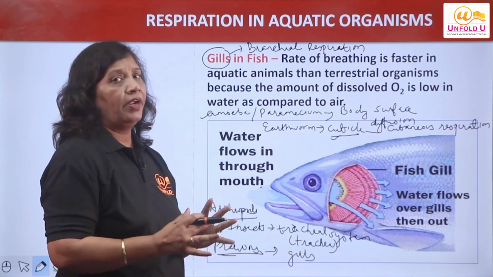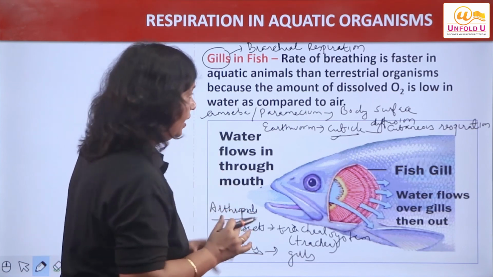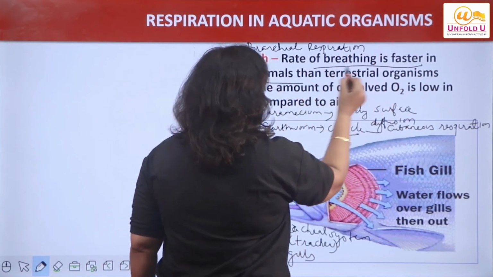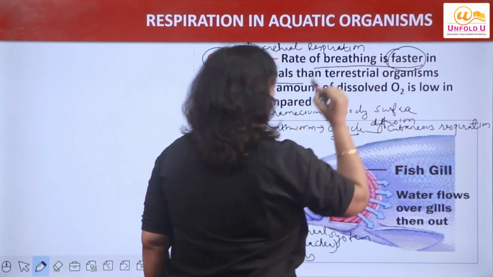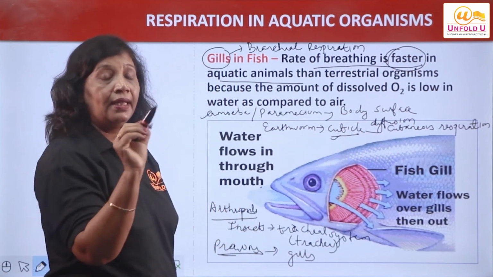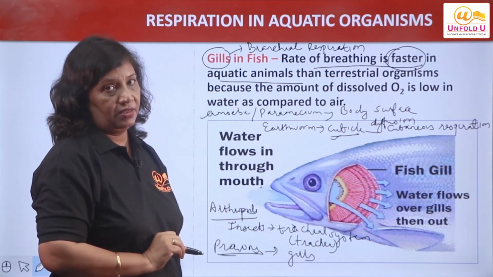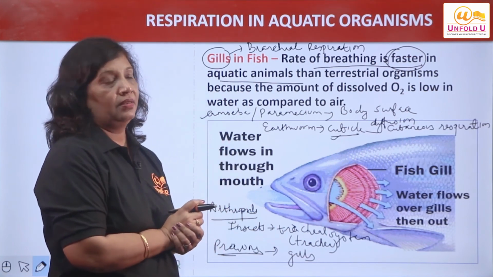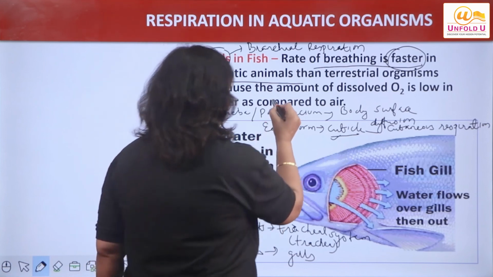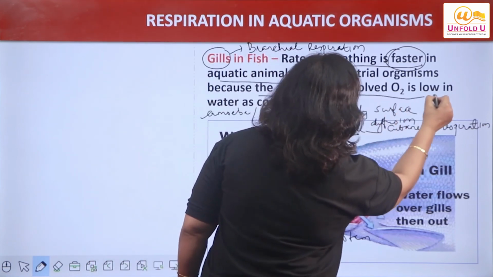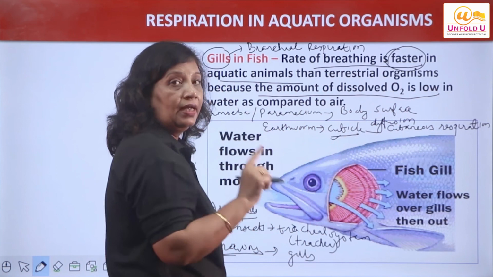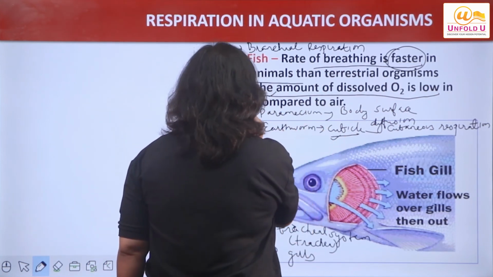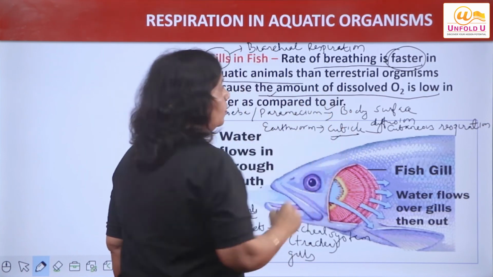A very important point from the examination point of view: the rate of breathing in aquatic organisms is faster. The question is, why is the rate of breathing faster in aquatic organisms? The answer is that the amount of dissolved oxygen in water is low as compared to air.